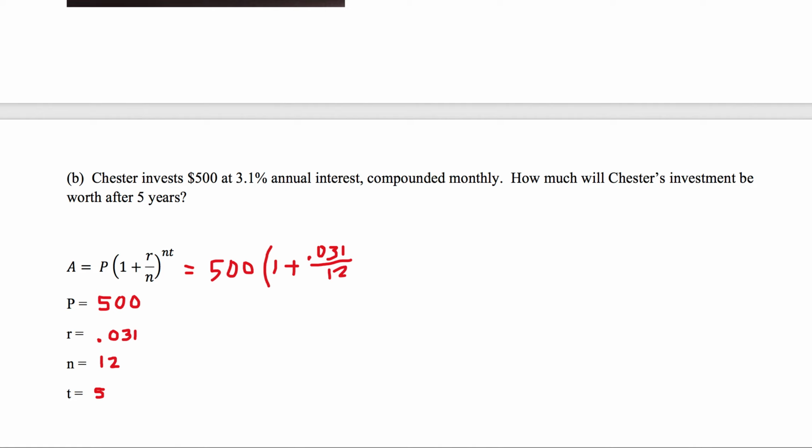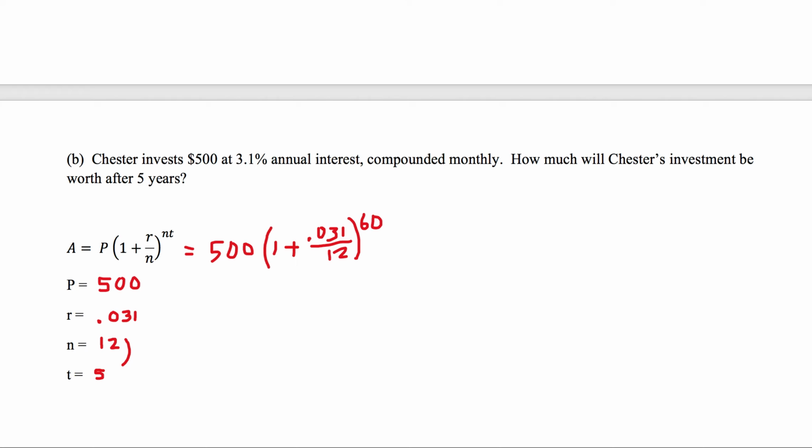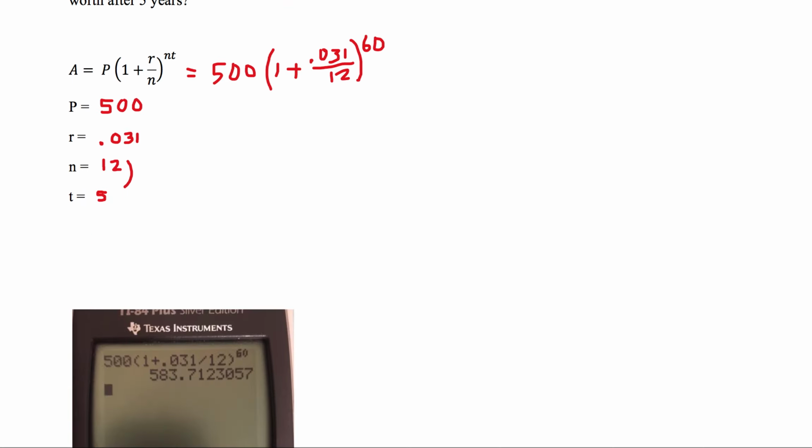And then I'm going to deal with that exponent. I'm going to do the same thing with the exponent: take the N times the T and multiply that together. So 12 times 5 is going to be 60. That allows me to put it in the calculator a little bit easier if I already have that multiplied together. Again, I'm going to show you how it looks going into the calculator. And our answer will be 583.71.